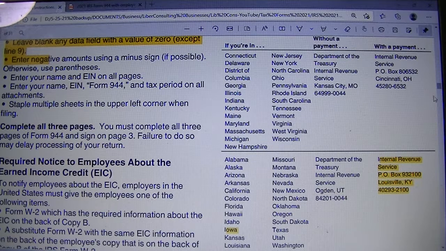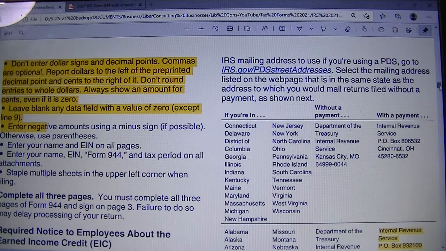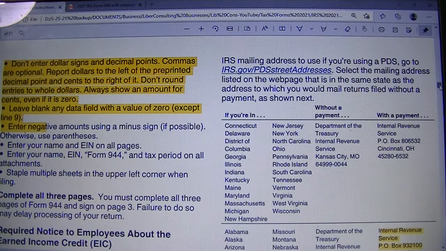You will pay more, but you don't need a confirmation in the mail. You can just track it online, and you save the receipt you will receive from USPS with the Form 944.